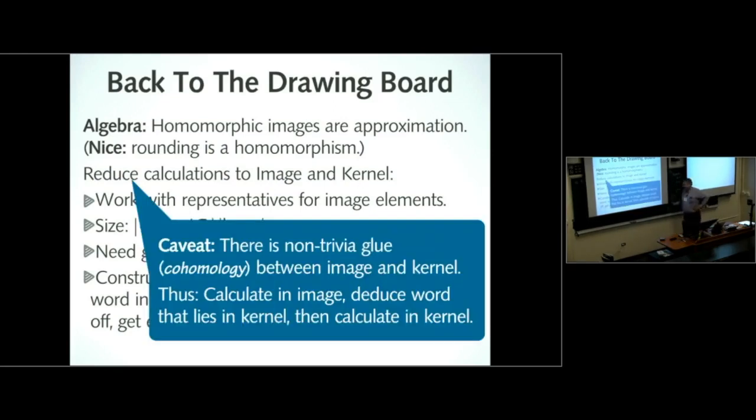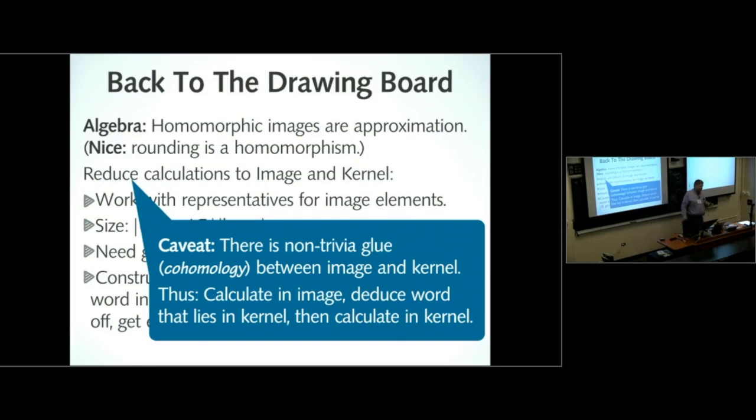Well, a slight caveat, there is some extra work. It's not just image and kernel. There is the question of how image and kernel are put together. There is some extra glue which goes under the name of cohomology, which connects image and kernel.